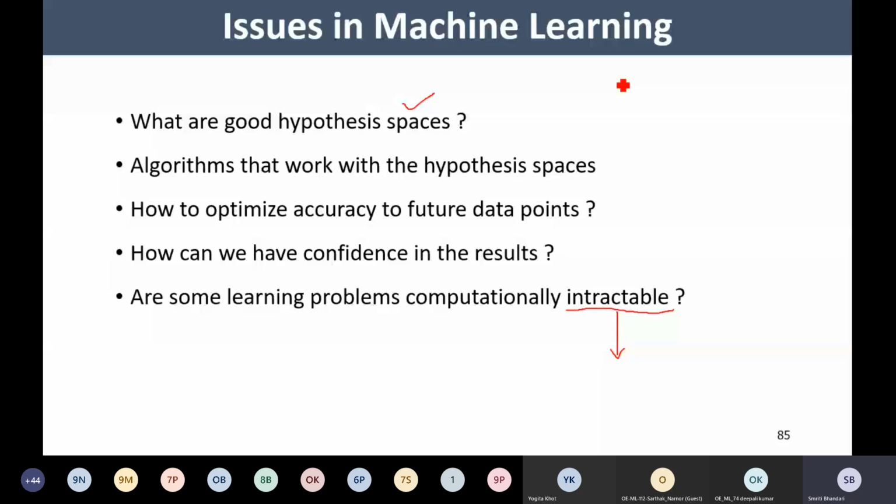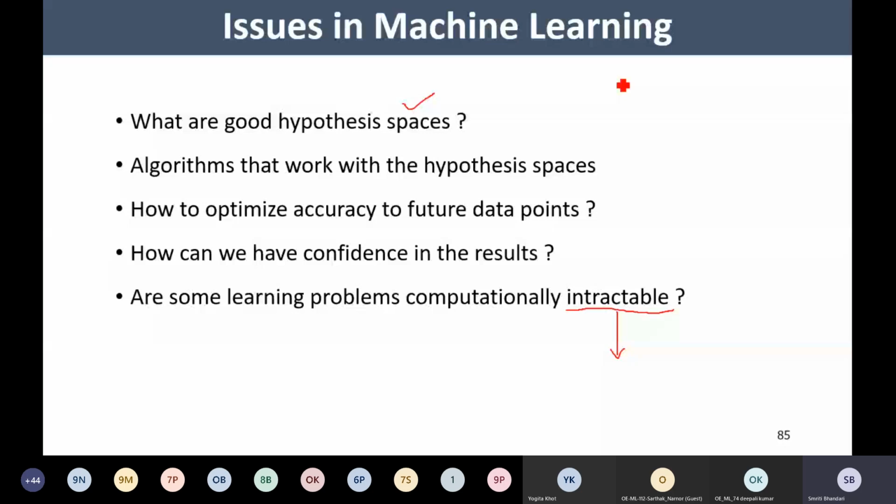Once I know what kind of hypothesis space I am going to make use of, there are lots of varieties of algorithms that give me that kind of function. If I am going with the non-linear function, I may have different choices. I may go with a representation like artificial neural network. I may go with a representation like support vector machines, right?